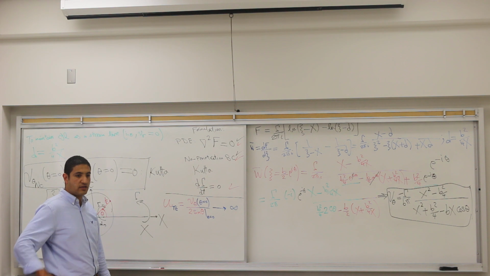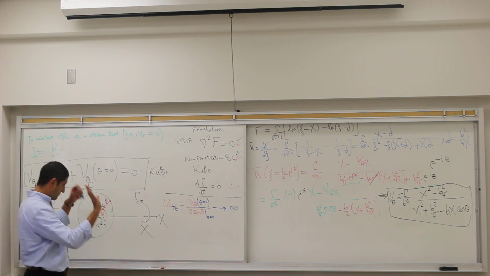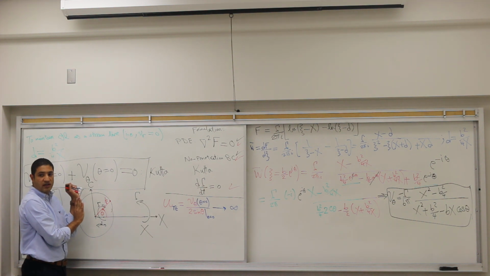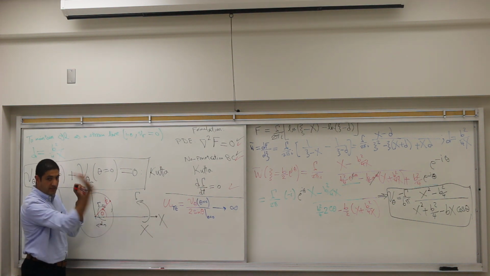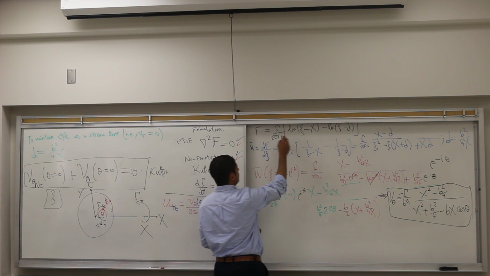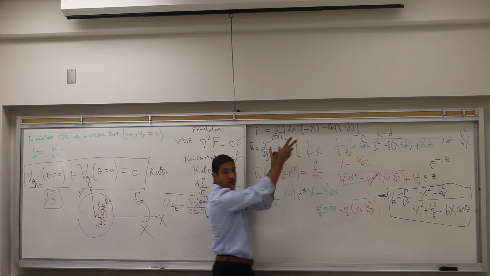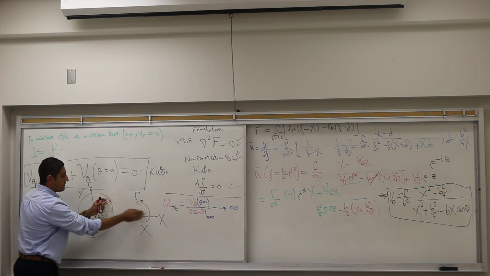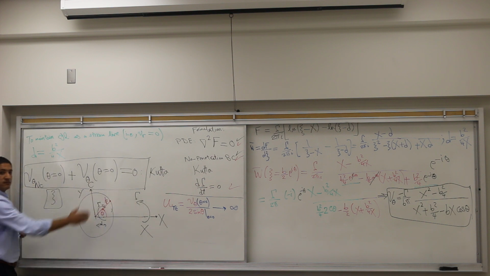Not necessarily. He's correct. So here's the point. I have a vortex, just a vortex. What's the complex potential? Gamma over 2 pi i times zeta minus x, correct? If you want to get the complex potential of this vortex and the cylinder, then you apply the Milne-Thomson circle theorem.